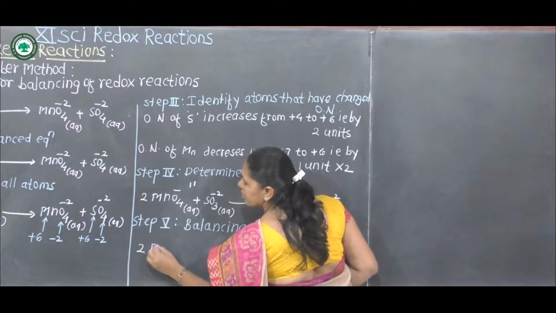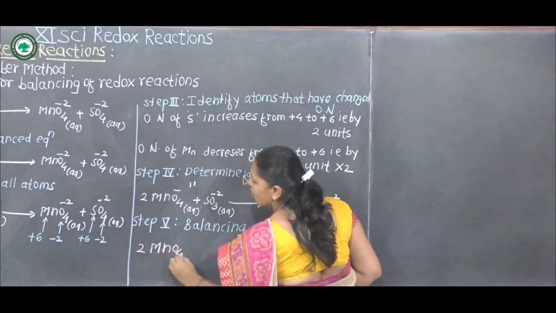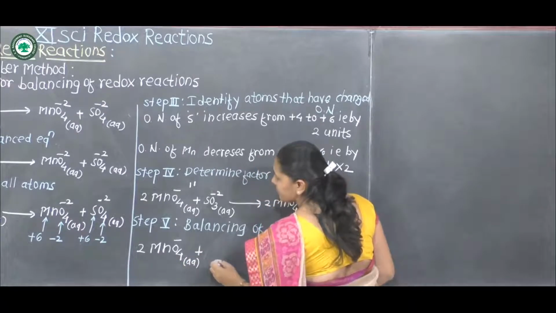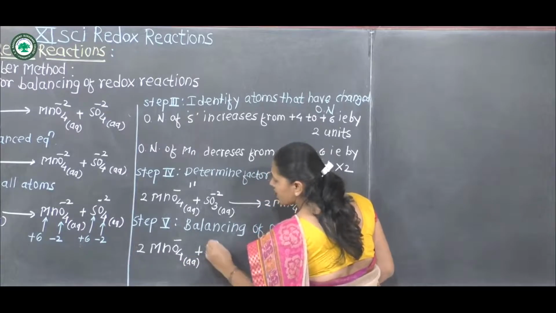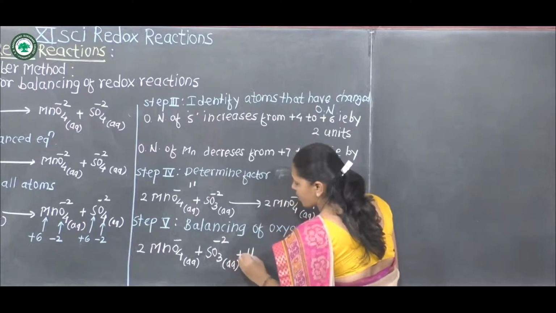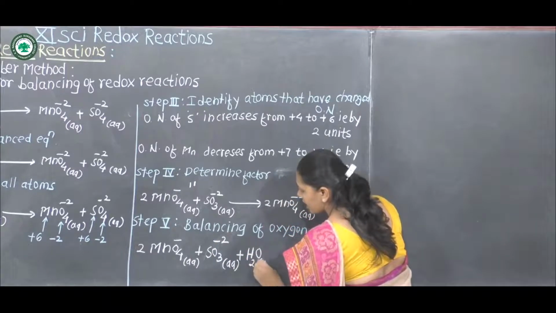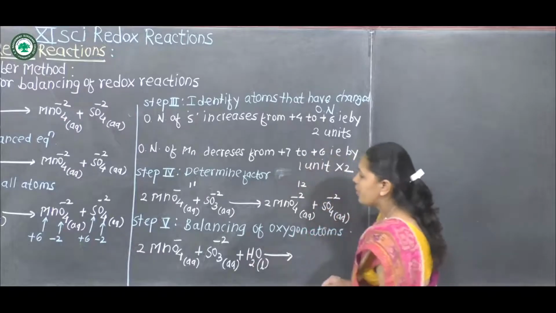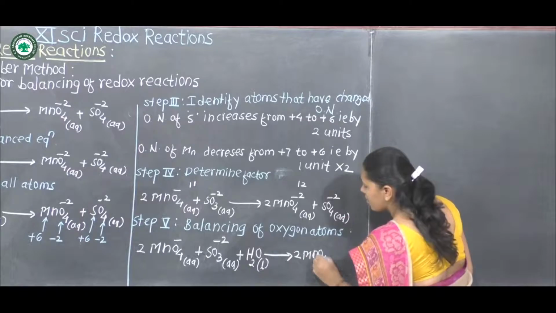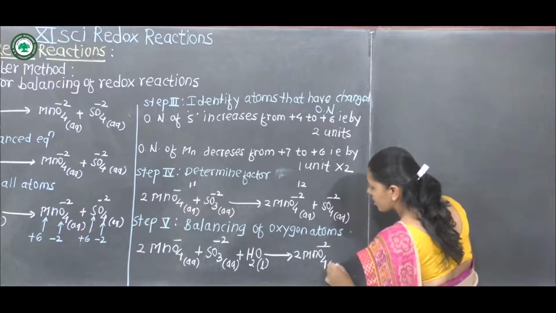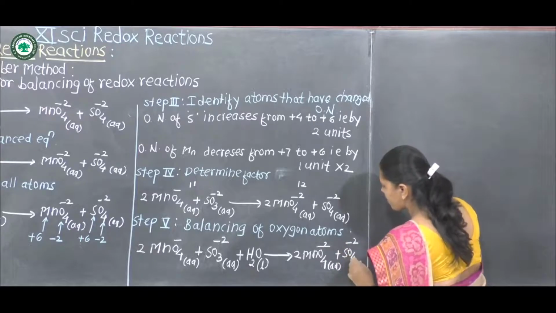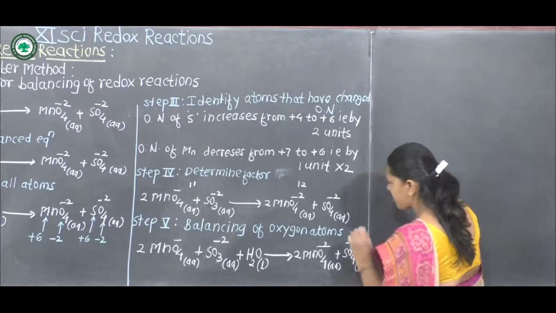Then twice MnO4 minus plus SO3 minus 2 plus 1 water molecule liquid. It gives twice MnO4 minus 2 plus SO4 minus 2 aqueous.